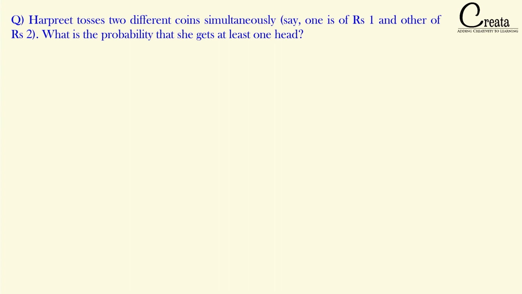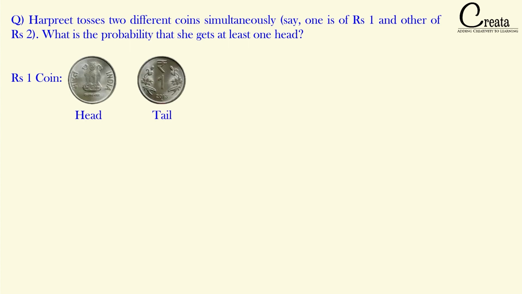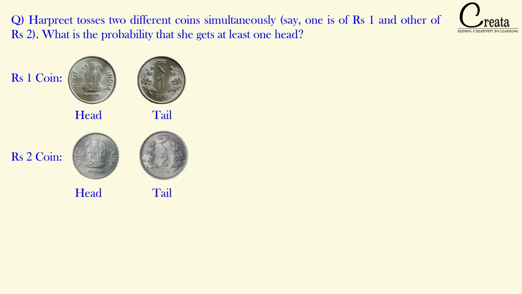Harpreet is having two coins. One is a rupees 1 coin and the second is a rupees 2 coin. And Harpreet is tossing both the coins. So in the first coin, we will get two outputs, that is head and tail of the rupees 1 coin. In the second coin, that is the rupees 2 coin, we will again get two outputs, that is head and tail.